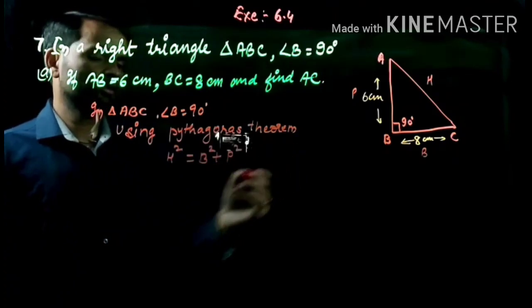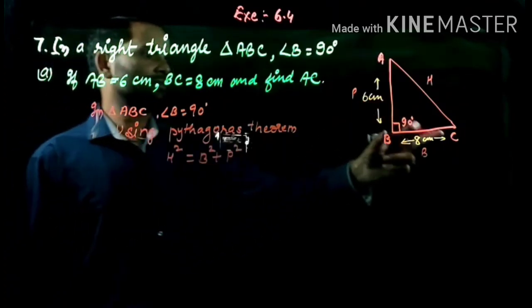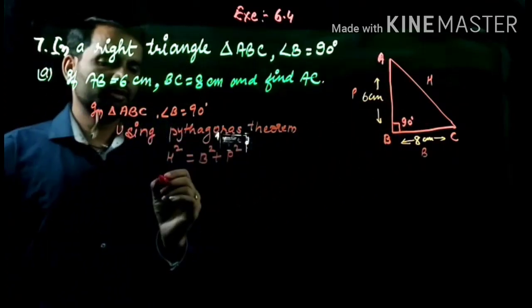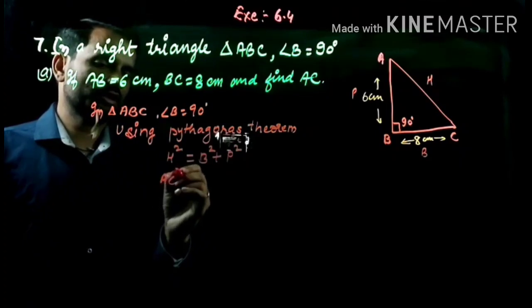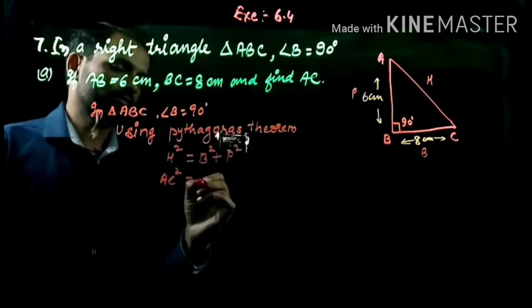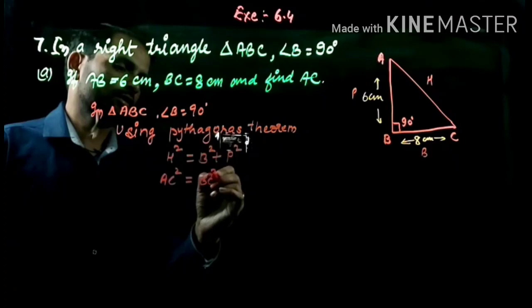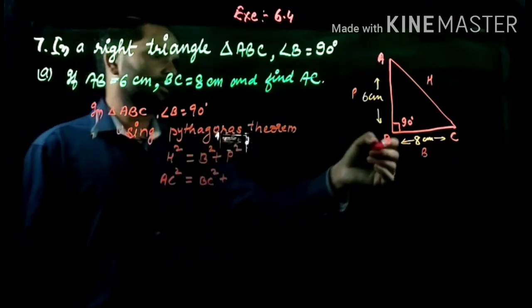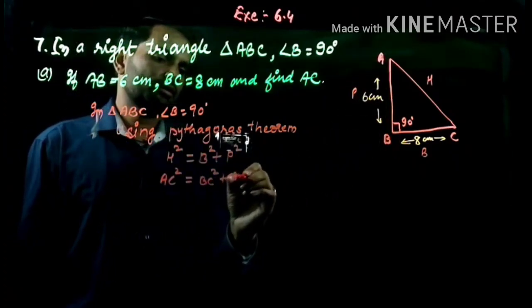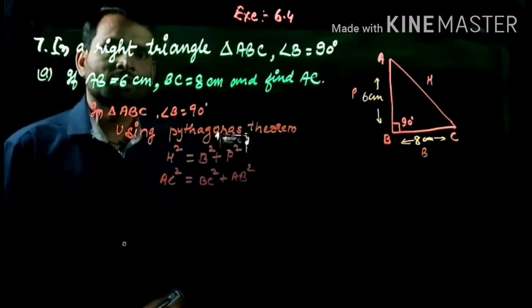So you put the value of H. The value of H is not given, so you write AC square is equal to BC square plus the given AB square.